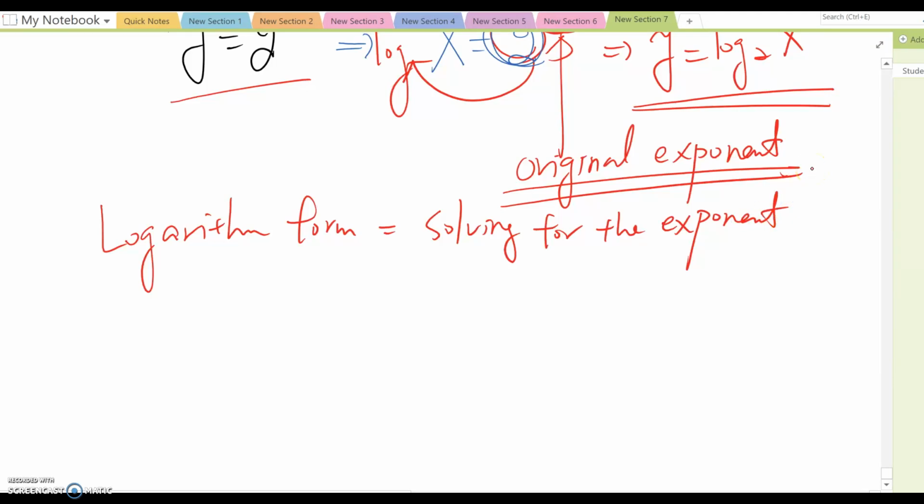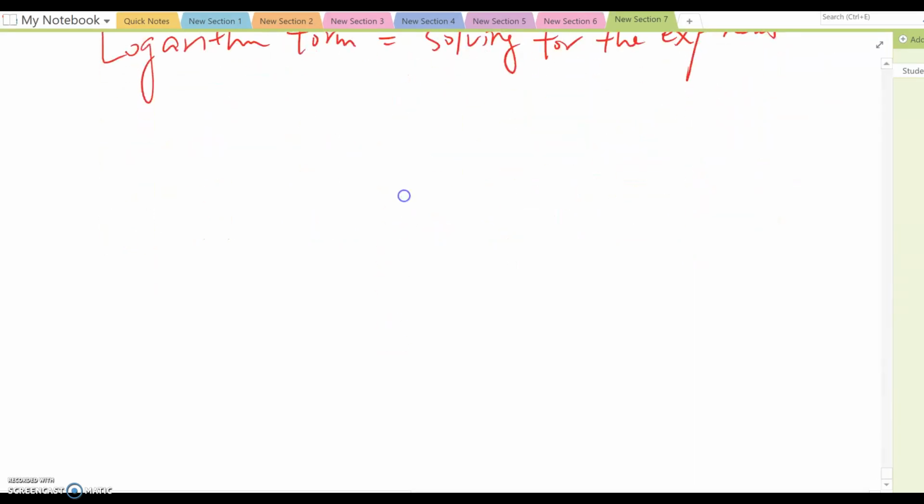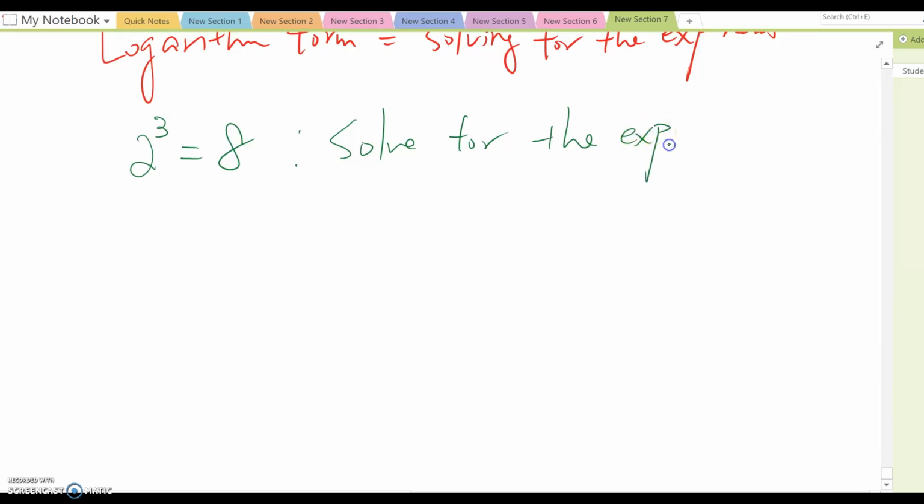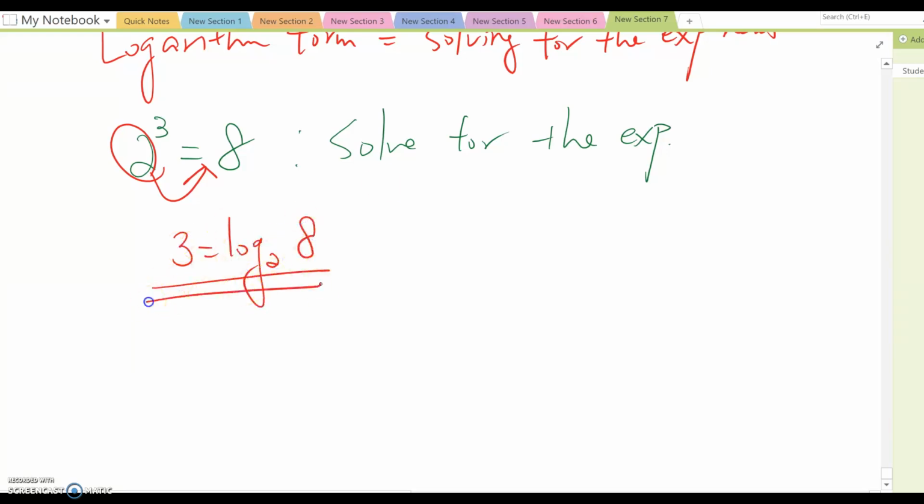Based on this, let's switch exponential form to logarithm form. You know that 2 cubed equals 8. So solve for the exponent. You move 2 to the other side, and don't forget log, so 3 equals log base 2 of 8. When you read it, 3 equals the power of 2 that gives 8, so 2 to the third power equals 8. You can double check like that.